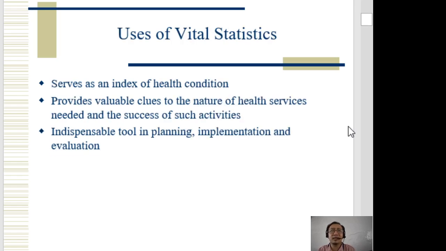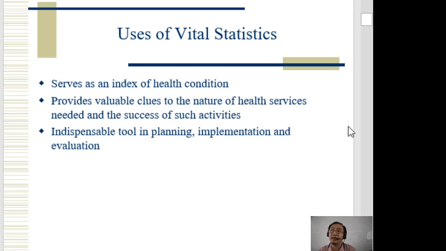So what are the uses of vital events? Why do we need to study this, especially in your CHN2 or community health nursing 2? It serves as an index or a measure of health condition.